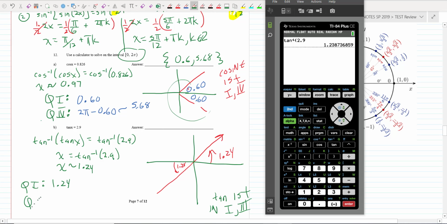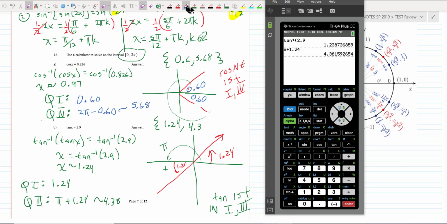The quadrant 3 answer, just think about it, is halfway around the circle, pi plus that reference angle. So we do pi plus 1.24, and on the calculator that ends up giving about 4.38. So the two answers to this problem are approximately 1.24 and 4.38.